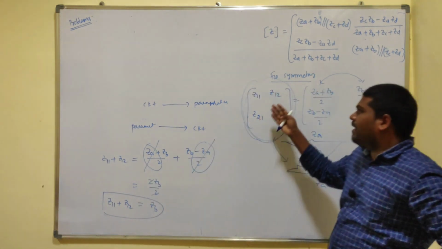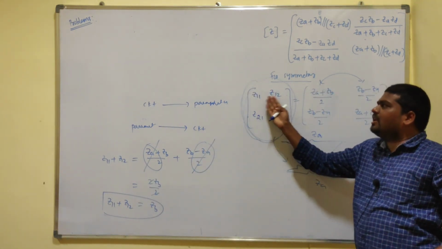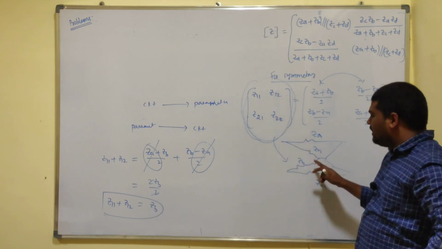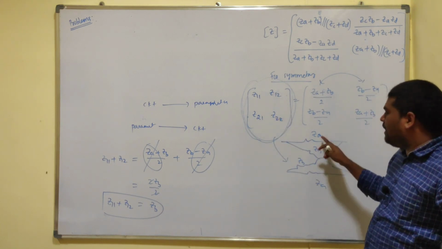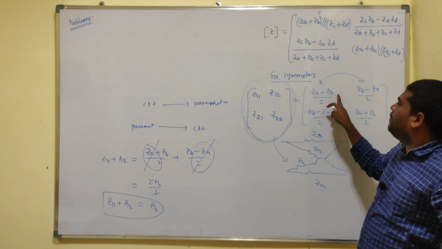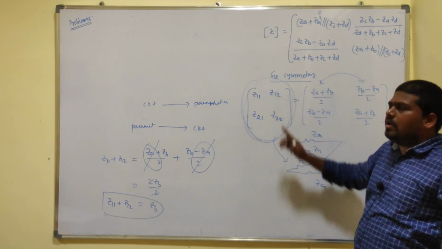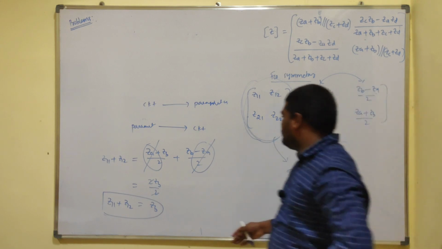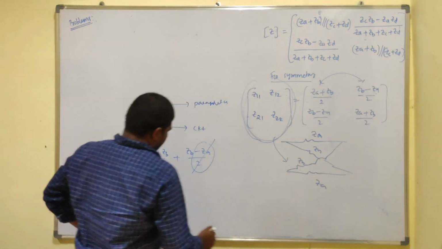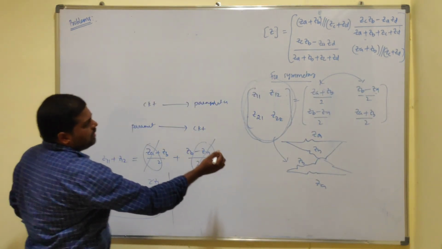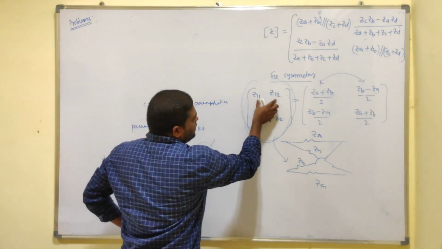By adding these two things, you will get the Zb element, and the left out element is Za. By subtracting these two elements, you will get the Za element. Once you check it out, the subtraction of these two, right?